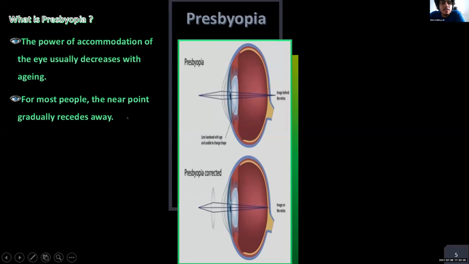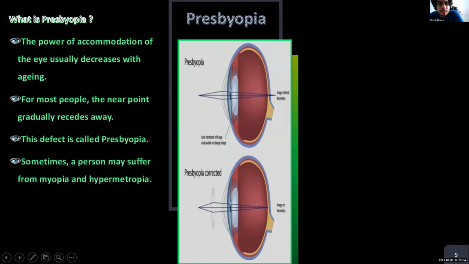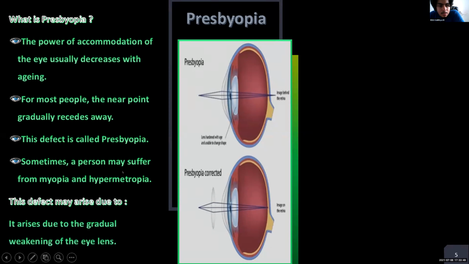For most people, the near point of the eye gradually recedes away. This defect is called presbyopia. Sometimes a person may suffer from both myopia and hypermetropia. This defect may arise due to the gradual weakening of the eye lens. So, how can we correct this defect?